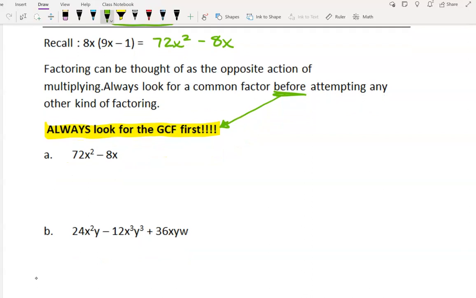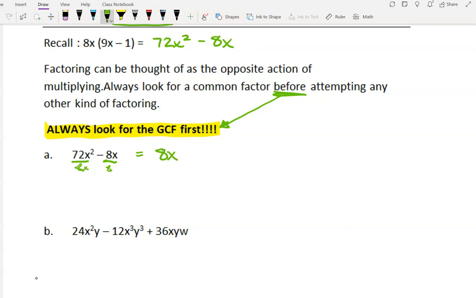What is the greatest common factor of these two terms? What is the biggest number that goes into both 72 and 8? Well, I think it would make sense that would be 8. In other words, we're going to try to divide 8 out of both of these terms. Can you see that there's also an x in common?